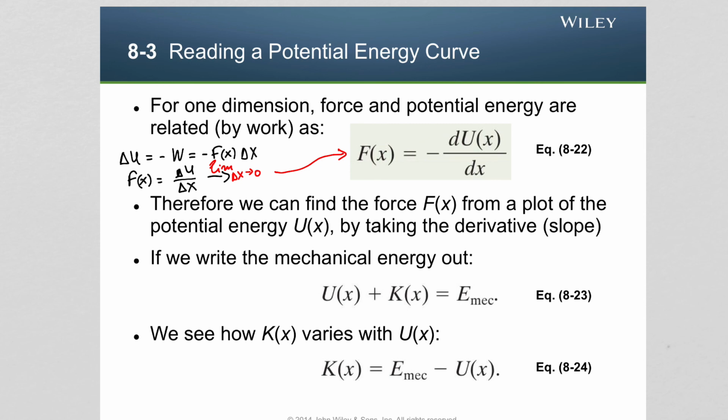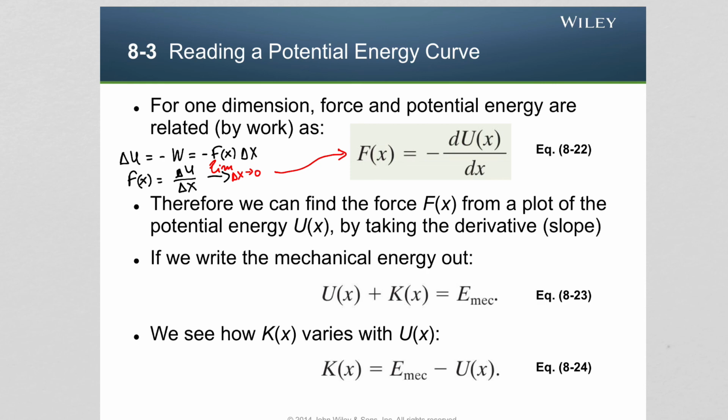But before that, we can write the mechanical energy in terms of the potential energy as a function of position and the kinetic energy as a function of position, like so. U of x plus K of x is equal to the mechanical energy.